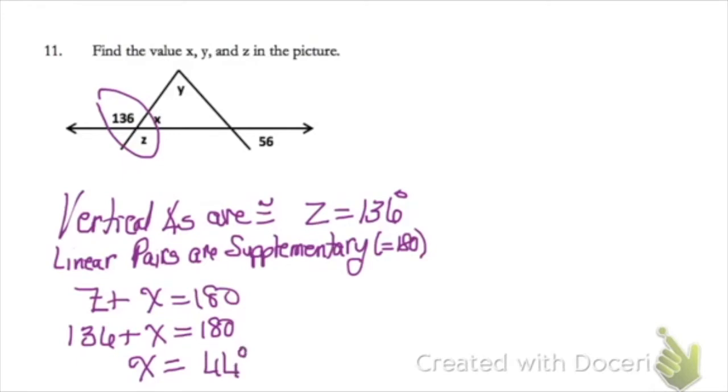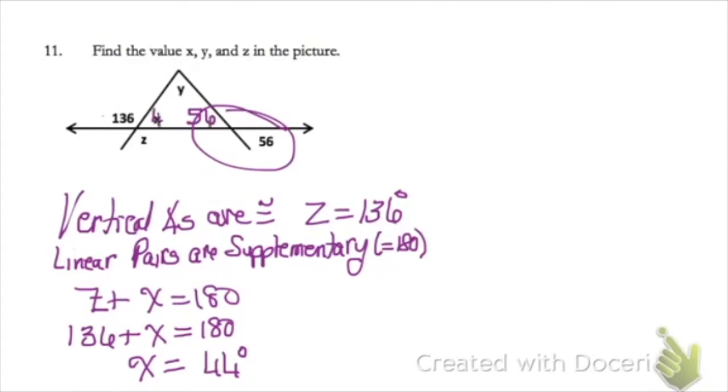All right, and so the only thing I have left is y. Again, because these are a linear pair, I know that this unnamed angle right here is 56.